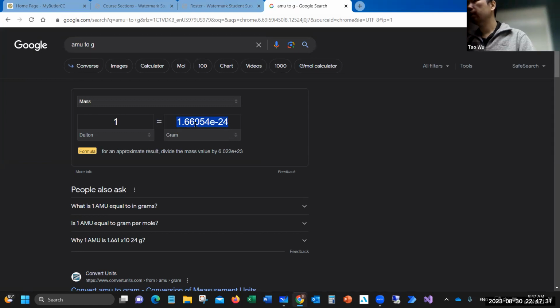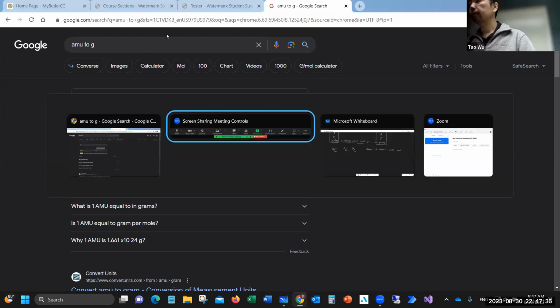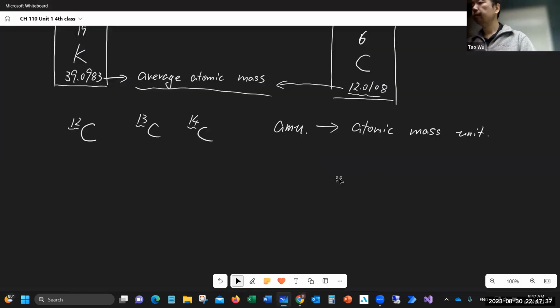You see 1.66 times 10 to the negative 24. So this is the AMU. One AMU is close to 1.66 times 10 to the negative 24 gram. So AMU generally is a mass unit, but this mass unit is really, really small. You see 10 to the negative 24.